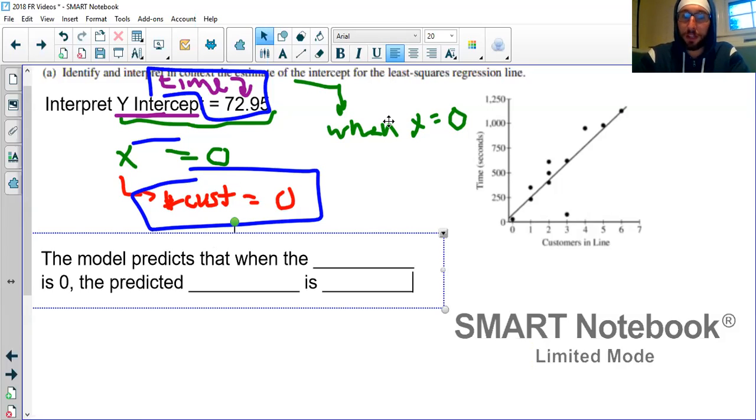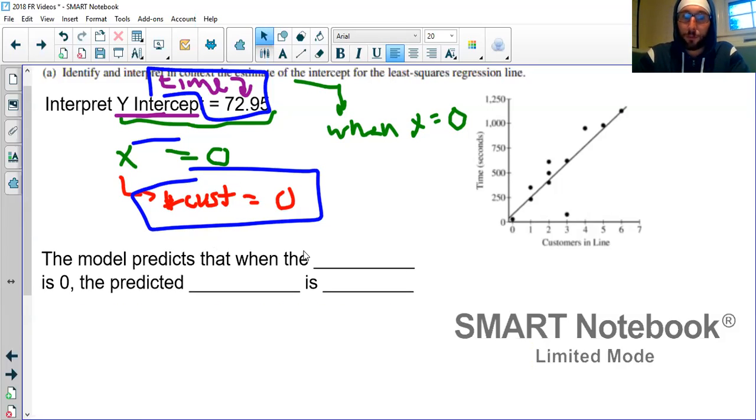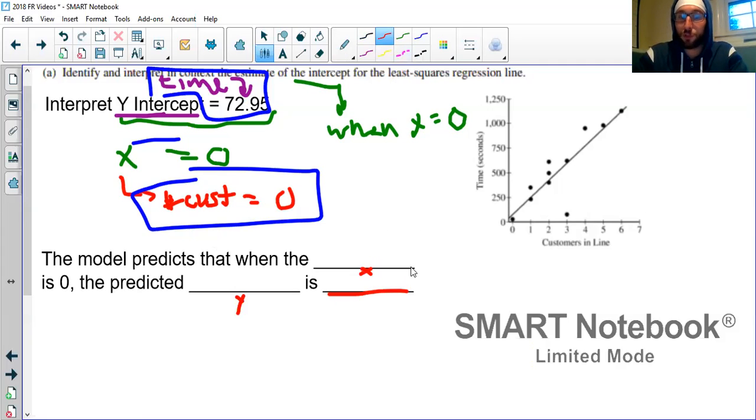So in this first blank right here, the Y-intercept is when our X variable is 0, so that's going to be our X. The Y-intercept is the value of Y. So this is going to be our Y when X is 0. And this is going to be an interpretation of that number in context. So you can try to use that general structure for most of these.